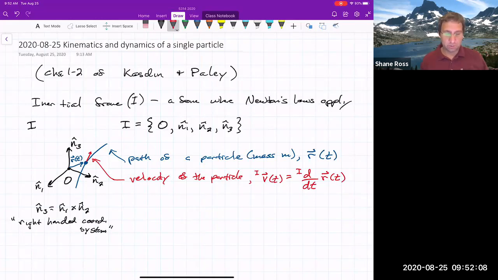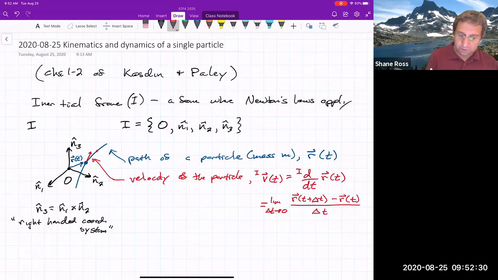This is the usual derivative. So this is the limit as delta t goes to 0 of r at t plus delta t minus r at t divided by delta t. And at different points along the trajectory, the velocity will be going in different directions, but it's always going to be tangent to the path.